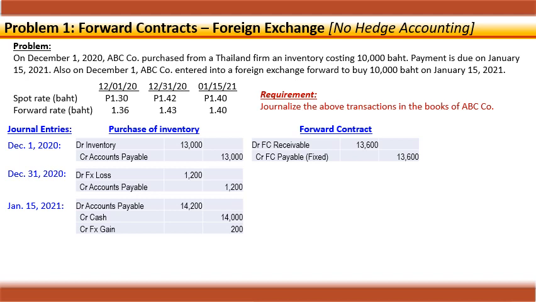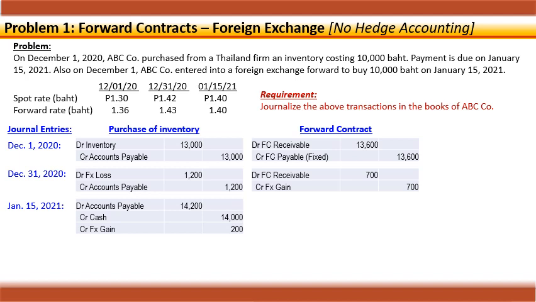That's why, i-remeasure mo siya from 1.36. So, igagalaw mo si foreign currency receivable mo. Diba, bibili ka ng 10,000 baht. Dati, bibilin mo siya ng 1.36. Ngayon, bibilin mo siya ng 1.43. Okay. The difference of 1.43 minus 1.36 is forward contract receivable 700, credit forex gain 700.